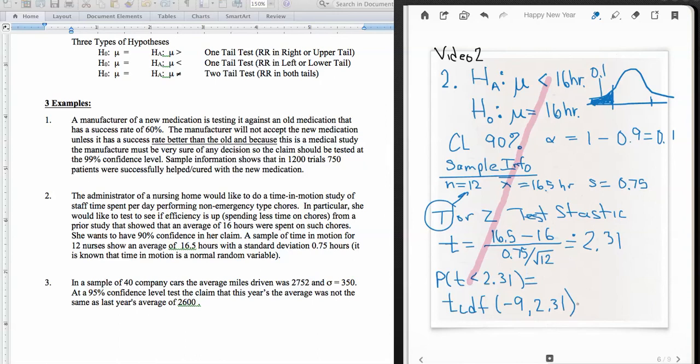So second function variables, t CDF, with -9, comma, up to 2.31. I also have to have degrees of freedom, and my degrees of freedom is going to be my n minus 1, so I'll also put in the degrees of freedom, and that would be 11.